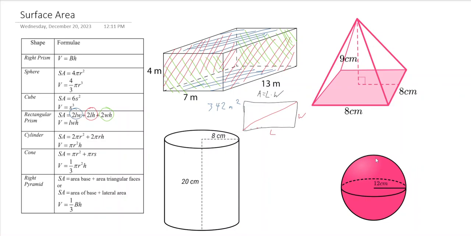Well, what is this shape? Hopefully you can see it there. That is a triangle. So the area of a triangle is base times height divided by 2. That's length times width divided by 2.